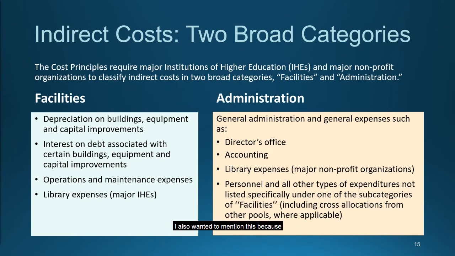I also wanted to mention this because administration, as you see here, is not the same administration that we're talking about when you report in your administrative cost category for your grant award. That definition, the latter, comes from the program definition itself.